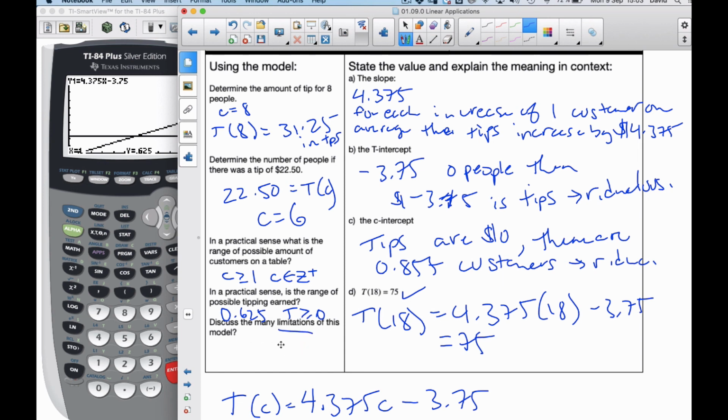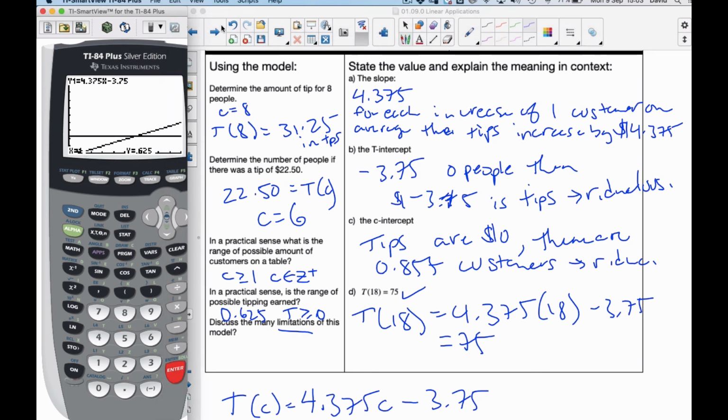Limitations to this model? Well, there are lots of limitations to it. The one thing is we are assuming that everyone tips in the same way, and that it's going to be this graph that goes on forever, and that if there's one person, it's exactly so much money. If there's 2 people, it's exactly so much money. And there's lots of limitations. We also, it's not a line. It's really just a series of points, right?